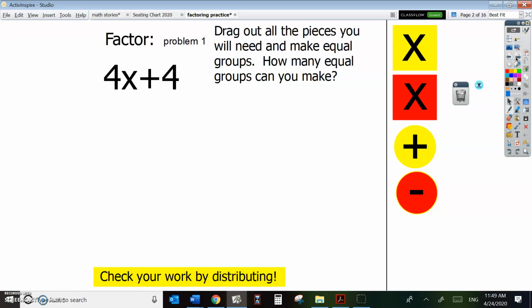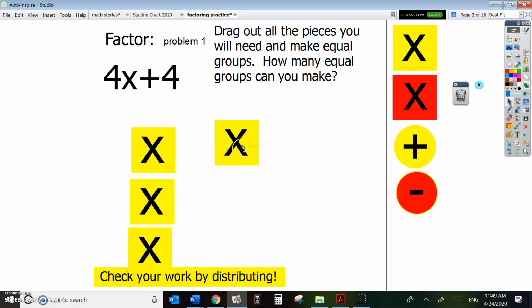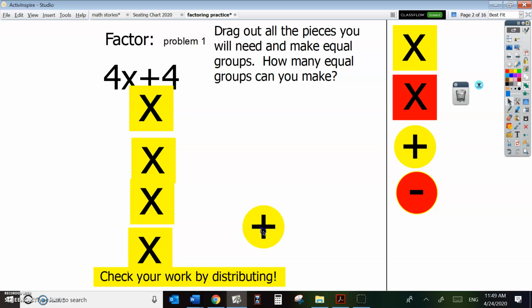So if you have 4x plus 4, you can think about it like this. Okay, there's my 4x, and now I need plus 4 in here. Okay, 4x plus 4.